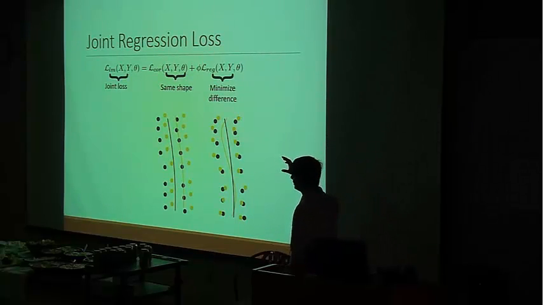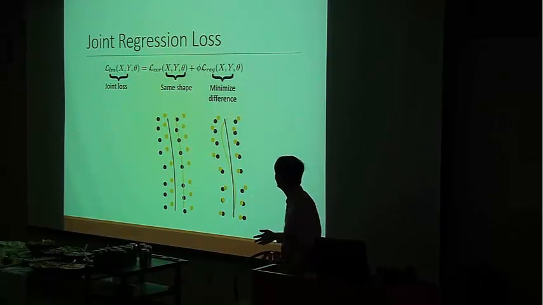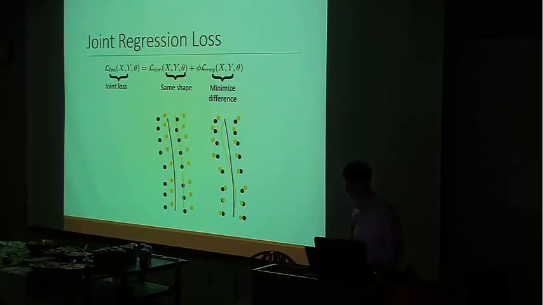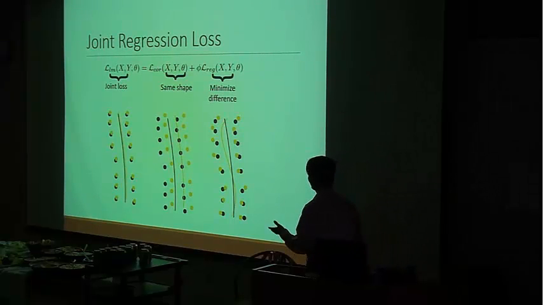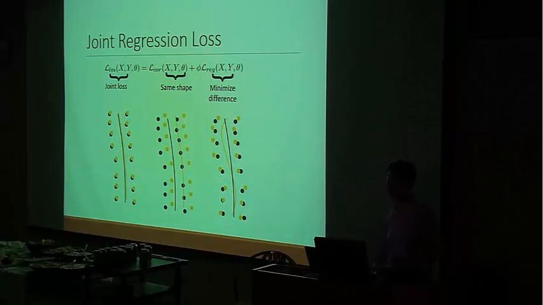The correlation loss is basically trying to maximize the Pearson correlation between your ground truth and your prediction. If you just use the correlation, you have the same shape, but you don't necessarily have a minimal error. This is why by combining the two, you'll have both a minimum error as well as the same shape, which is important for measuring the curve angle.